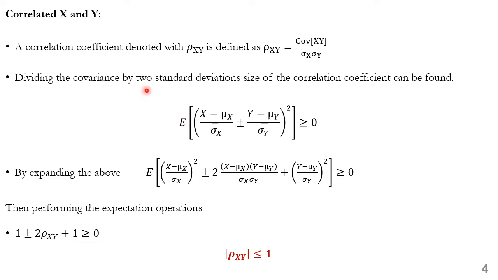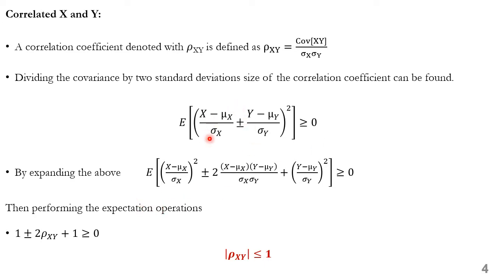Dividing the covariance by the two standard deviations, sigma x and sigma y, the size of the correlation coefficient can be found. The expectation of x minus mu x divided by sigma x, plus or minus y minus mu y divided by sigma y, whole square, will always be greater than or equal to 0. It should always be positive.